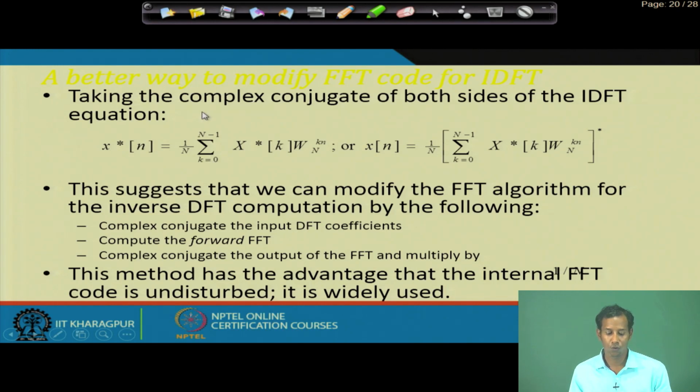At that time it will be just 1 by N, sum over k from 0 to N minus 1 of X[k] with W_N to the power minus nk.